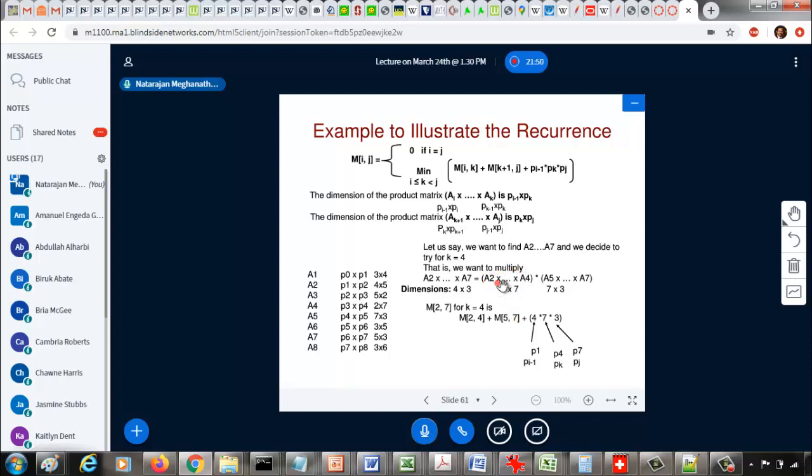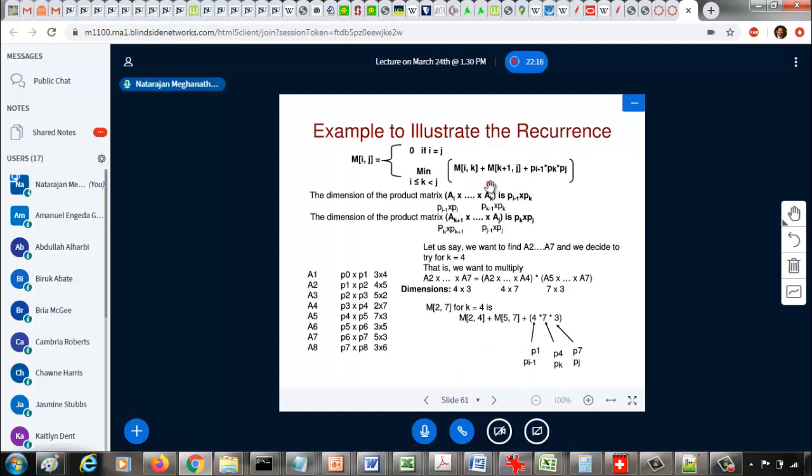A2, A3, A4 is one product matrix, then A5, A6, A7 is one matrix of these dimensions, 4 by 7 and 7 by 3. Then to multiply these two matrices, you would do how many multiplications? 4 times 7, the common dimension, times 3. So that is p(i-1), pk and pj.